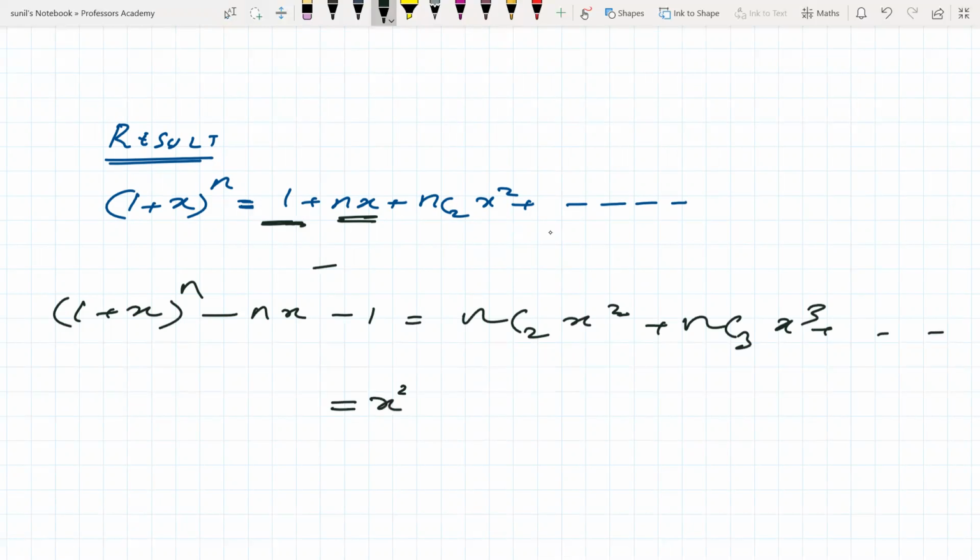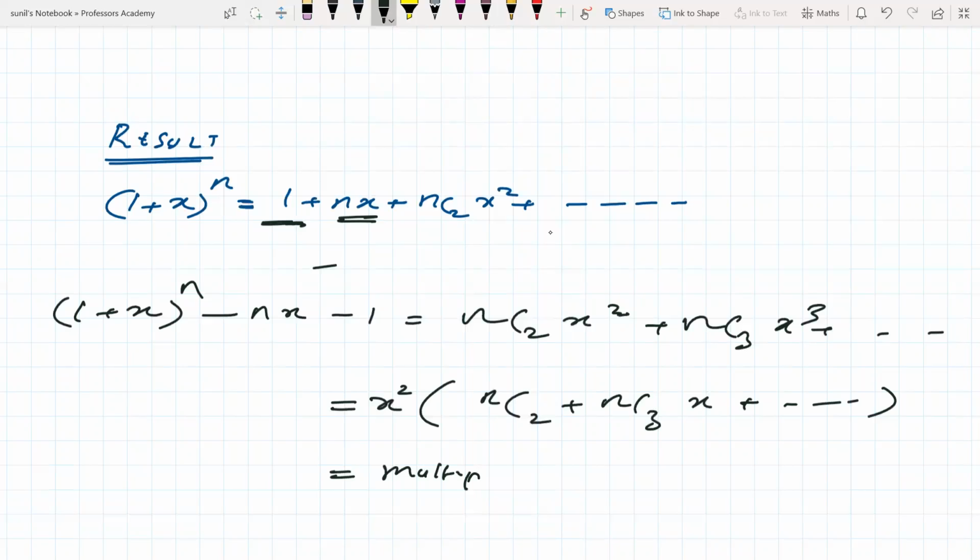So here we can take out that x square. So the remaining is nc2, nc3x cube. Sorry, nc3x cube, since we have taken that x square out, so only x is coming. So all these are coming out as a multiple of x square only.